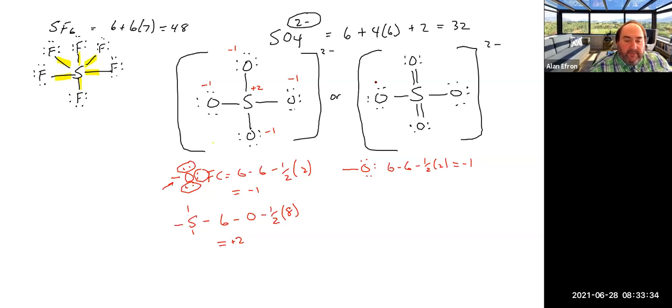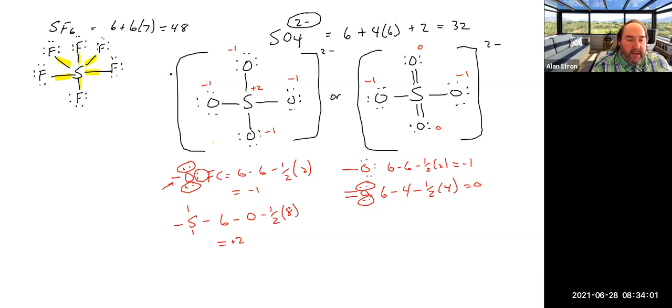So in this structure, much like the other structure, our single bonded oxygens are also going to carry that -1 charge. Here with our double bonded oxygen, we have 6 minus 4 for our non-bonding electrons, minus 1/2 of 4, and that's going to give us 0 for both of those double bonded guys.